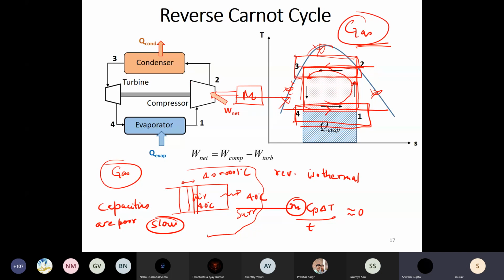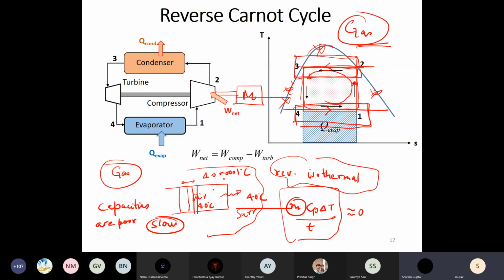So over here you have reversible isothermal. Another issue is you will have to work with almost 0 delta T between the working fluid and the surroundings. We have studied in heat transfer that the potential for heat transfer is the temperature difference, and that temperature difference we are making 0 in order to make it reversible.